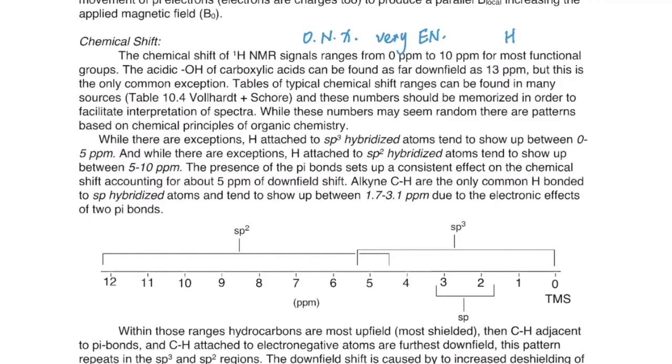When you are bonded to something very electronegative, your electrons have been stolen away by those atoms, which means you are not shielded. You are even more exposed to the magnetic field that I apply to you. That's going to force you to go to the very downfield of the NMR spectrum. So you are less shielded.